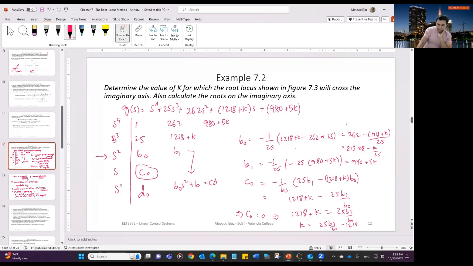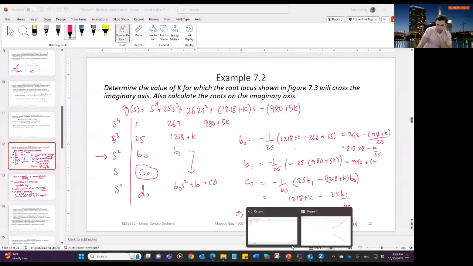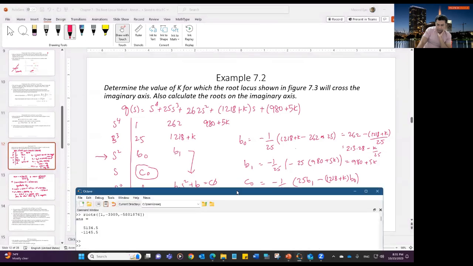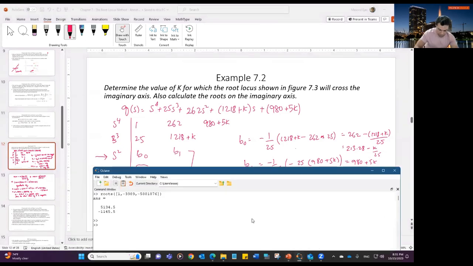Calculate the value of b naught for the value of k. Let's see if we can do that quickly. Let's say k is equal to answer 1. So b naught is 213.28 minus k over 25.